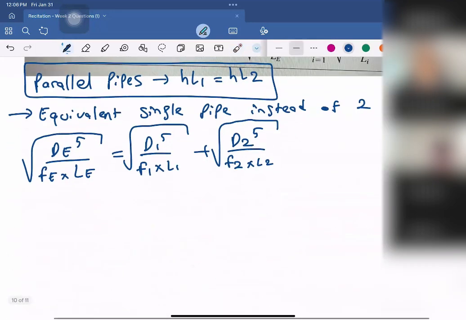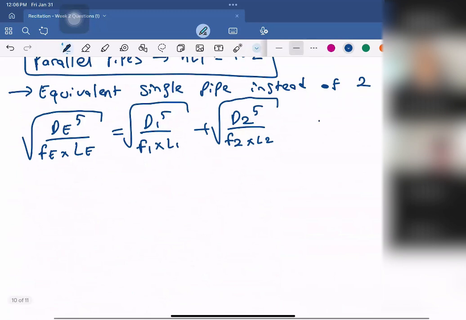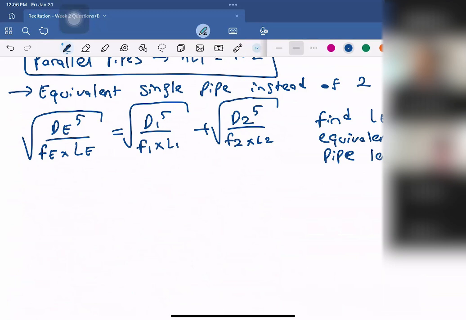Here we need to find LE, which is the equivalent pipe length. To do that, we will assume some values for DE and FE.